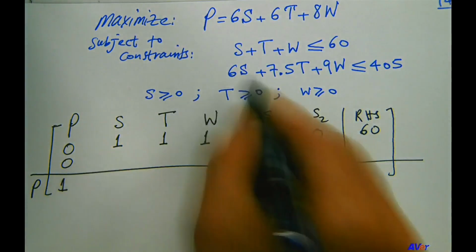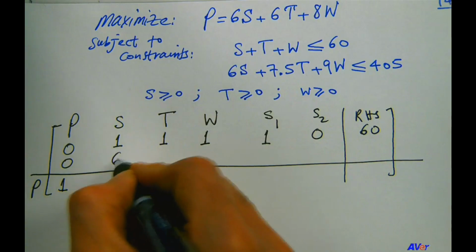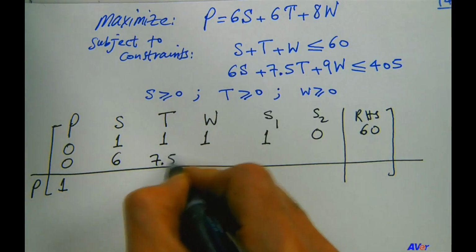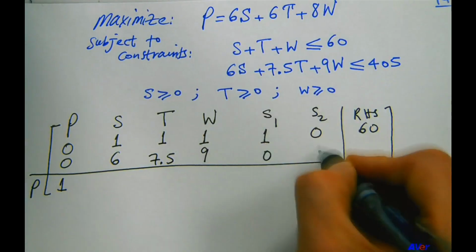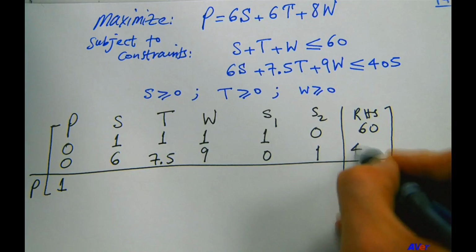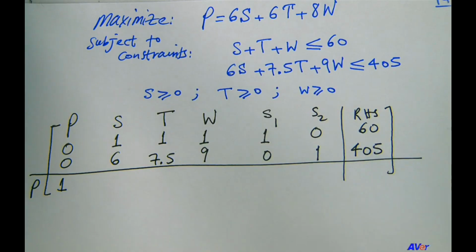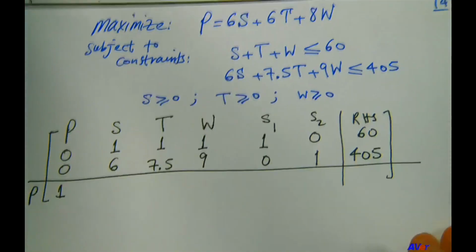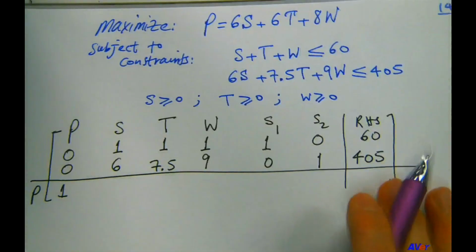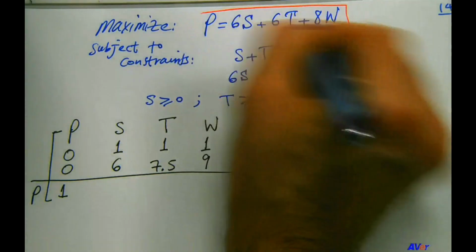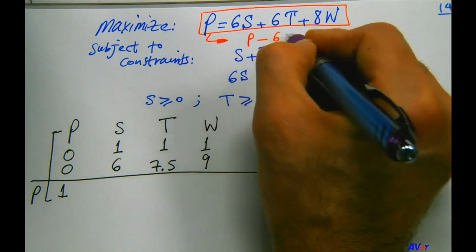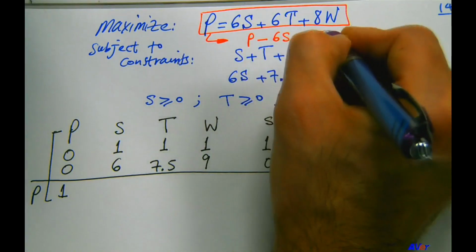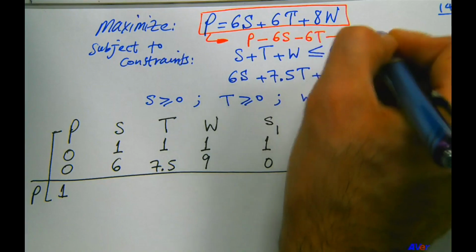In the second row, we have these coefficients: 6, 7.5 for T, and for W we have 9, and then we have 0, 1, and then 405. At the bottom, in the objective row, remember that we have to rearrange the objective function, so we have P minus 6S minus 6T minus 8W equals 0.